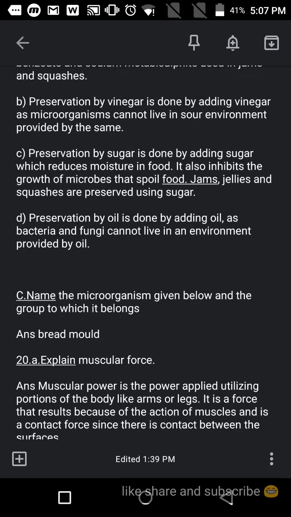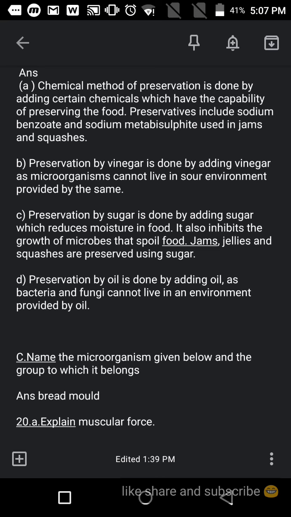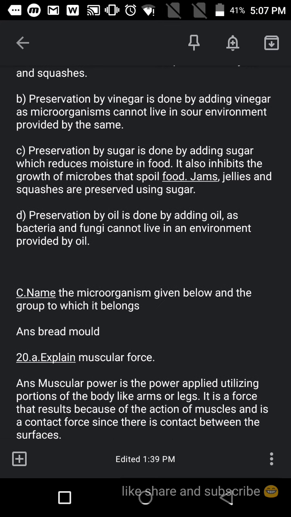C. Preservation by sugar is done by adding sugar, which reduces the moisture in the food. It also inhibits growth of microbes that spoil the food. Example, jams, jellies, and squashes are preserved using sugar. D. Preservation by oil is done by adding oil, as bacteria and fungi cannot live in an environment provided by oil.